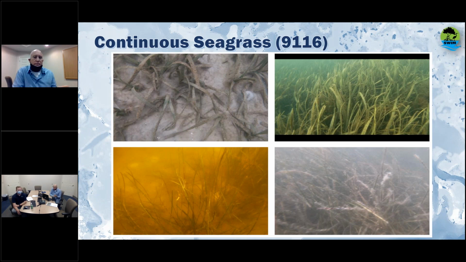So when you see these maps coming up and you see a bright green polygon and it says continuous, it doesn't necessarily mean it's going to look like the image on the top right. It could look like any one of these images. So just keep that in mind, because there's a continuum of continuous seagrass that looks like the picture perfect one on the right to something like the one next to it on top left. So just keep that in mind.